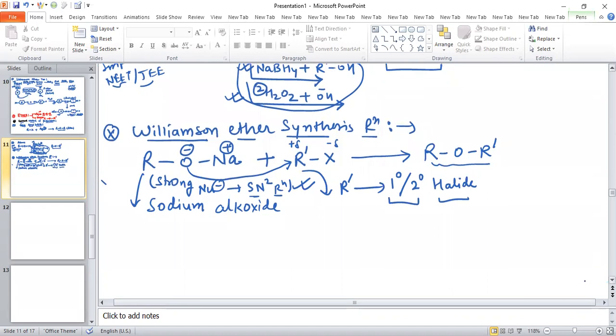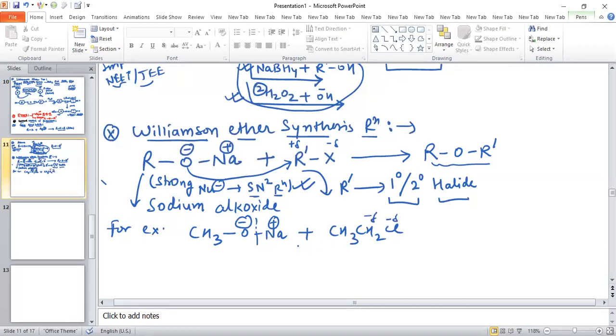For example, you can also see the reaction. If it is like this, CH3 O Na, and you are reacting this with CH3 CH2 Cl. Now see what happens. Sodium is partial positive, so this is partial negative and this is partial positive. This is 1 degree and also this is 1 degree, so definitely the mechanism will be SN2.